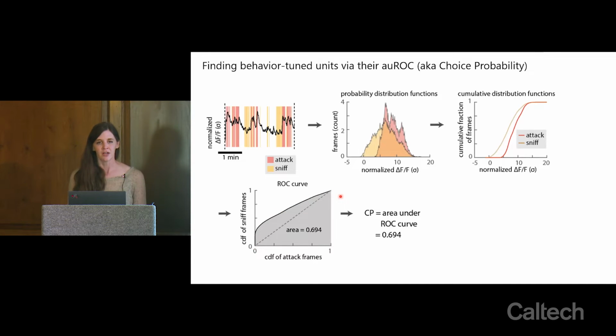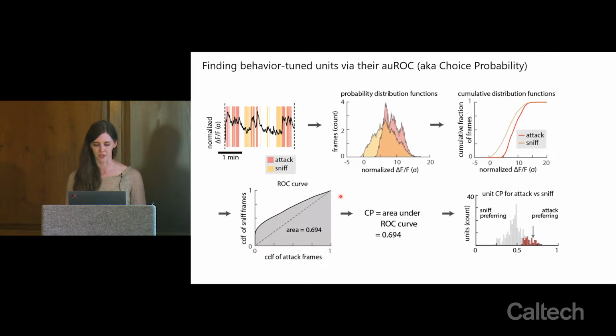Like the event-triggered averages, you can compute this for a whole population of neurons and create a histogram of choice probabilities and find cells where their AUROC, their choice probability, is higher than you would expect just by random chance. Chance here is just found by bootstrapping.